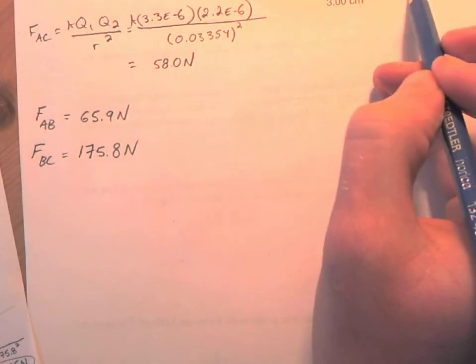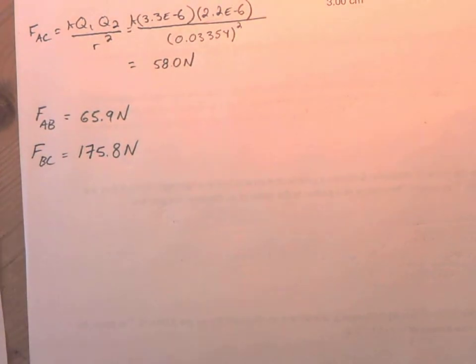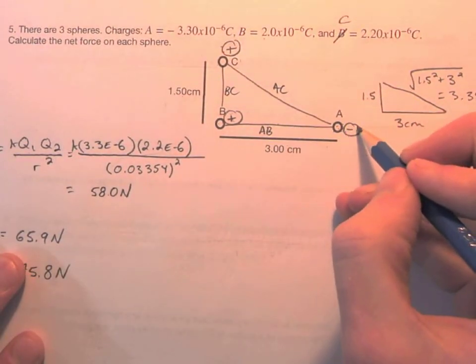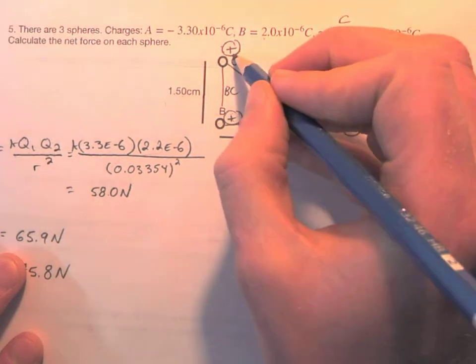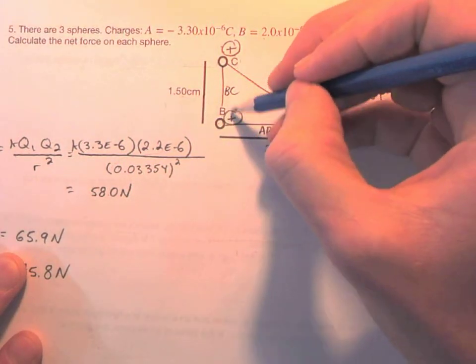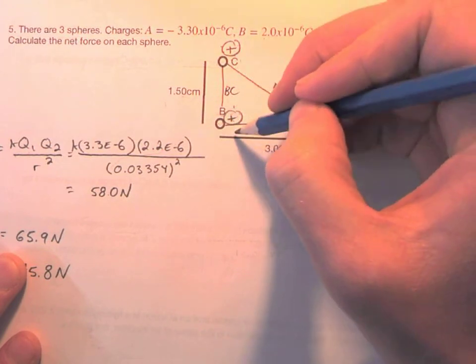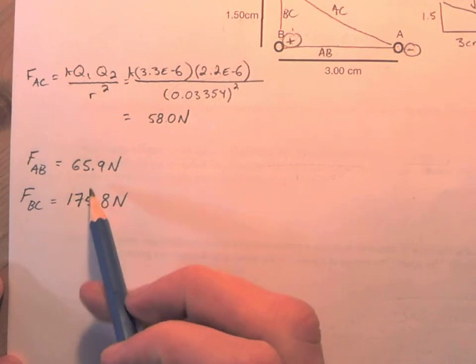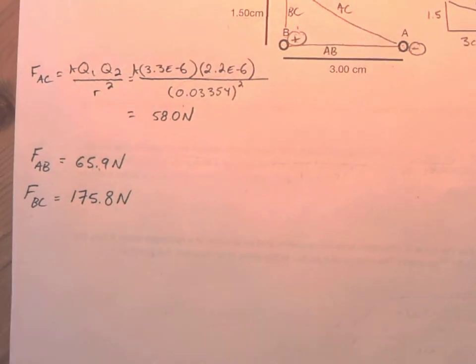A is negative, so it's going to be attracted to B. A is also going to be attracted to C. B and C are going to be repelled from each other because they're the same charge. Okay, so that's what's going to happen there. We have each of our forces, 58, 65.9, and 175.8.